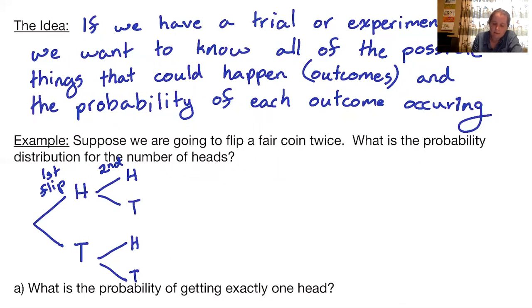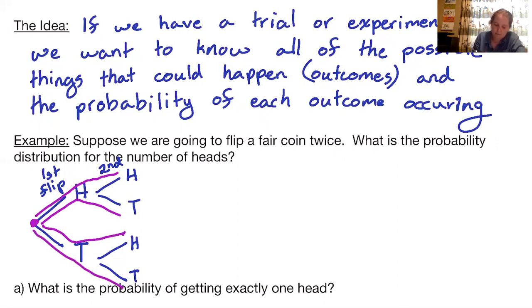The outcomes are the paths if we start from the beginning and go to the end of a branch. So one possible outcome, we would go heads followed by heads. Another outcome, we would go heads to tails. Then we would go tails to heads and tails to tails.